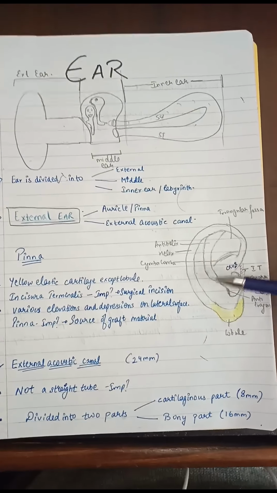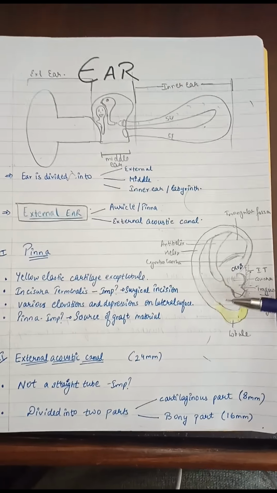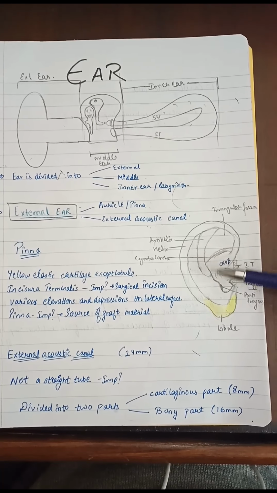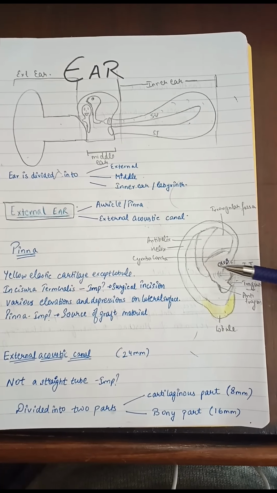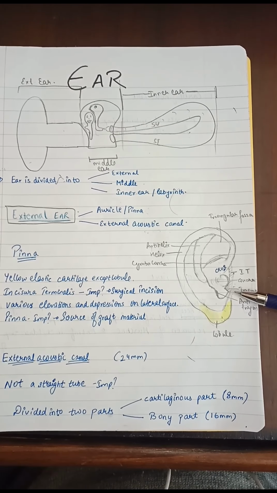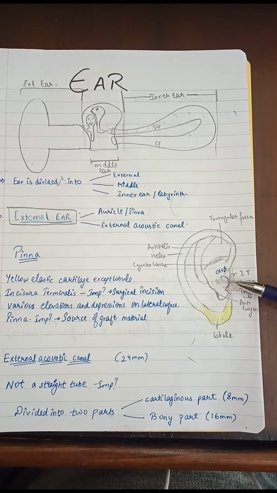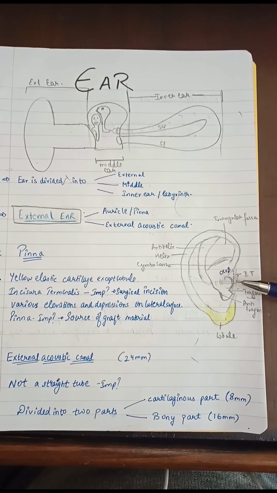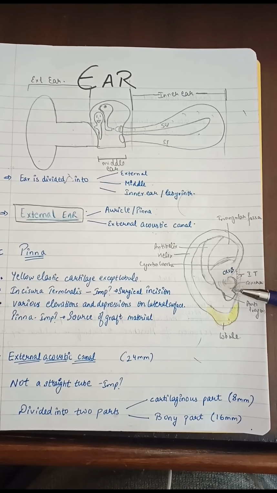So what's the importance of this pinna? Nowadays, it is used as a source of graft material. We can take the cartilage from the tragus, or the perichondrium. Perichondrium is the layer which covers the cartilage: peri means around and chondrium means cartilage.